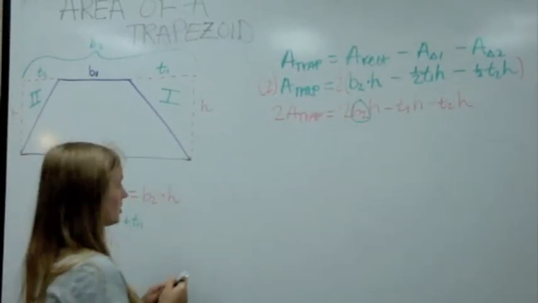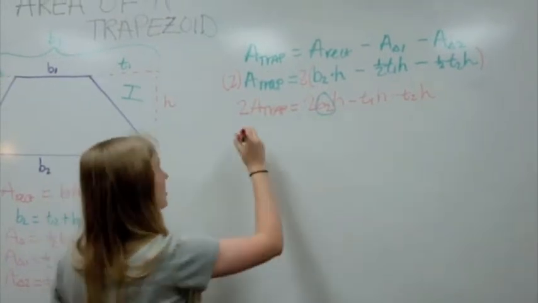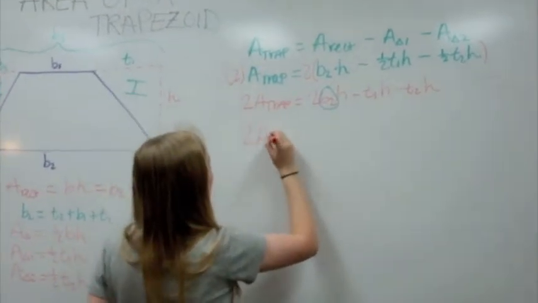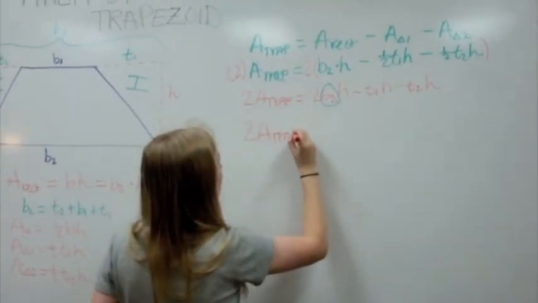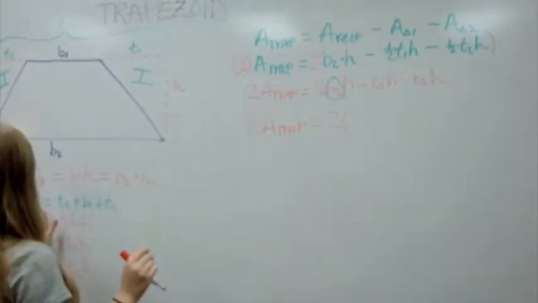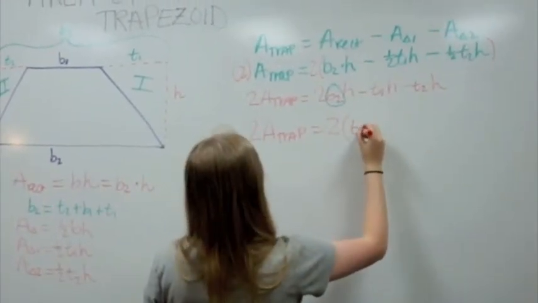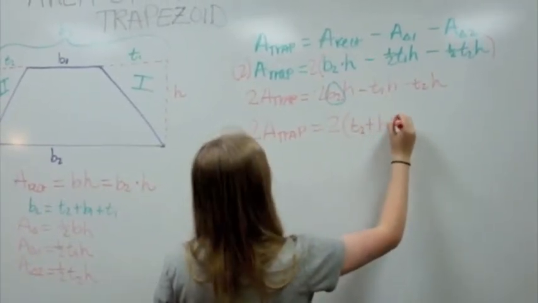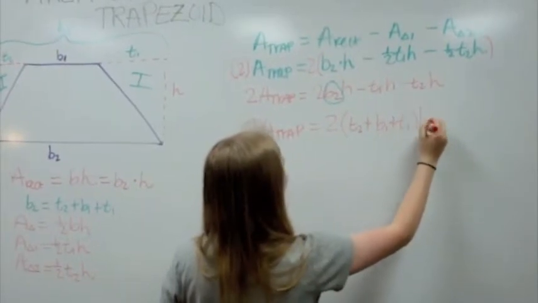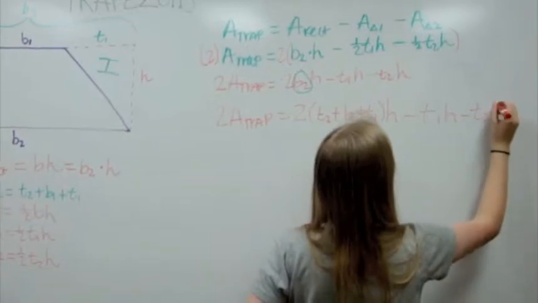So let's go ahead and substitute those values in for B2. Okay, so then we have 2 times the area of the trapezoid equals 2 times, and we said B2 was T2 plus B1 plus T1, so T2 plus B1 plus T1 times H minus T1H minus T2H.